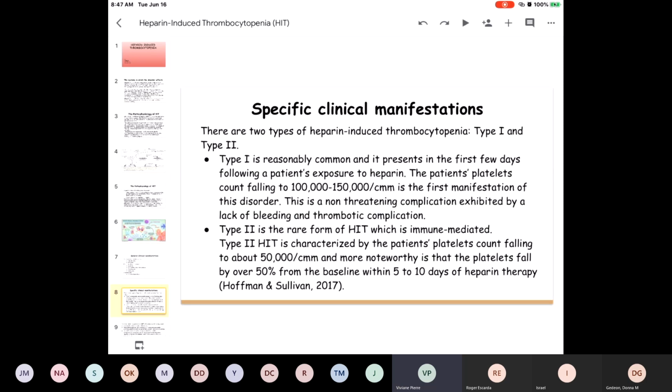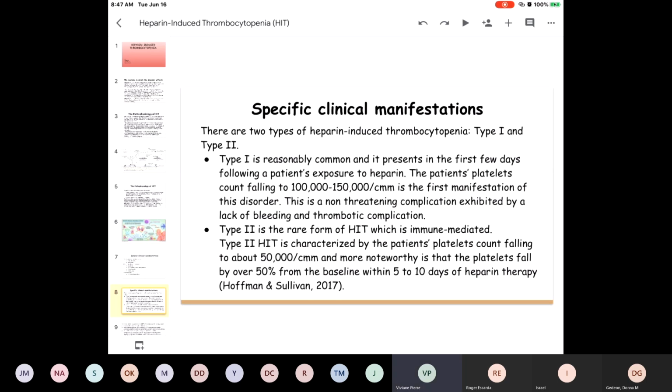The patient's platelet count falling to 100,000 to 150,000 is the first manifestation of the disorder. This is a non-dangerous complication exhibited by a lack of bleeding or thrombotic complication.